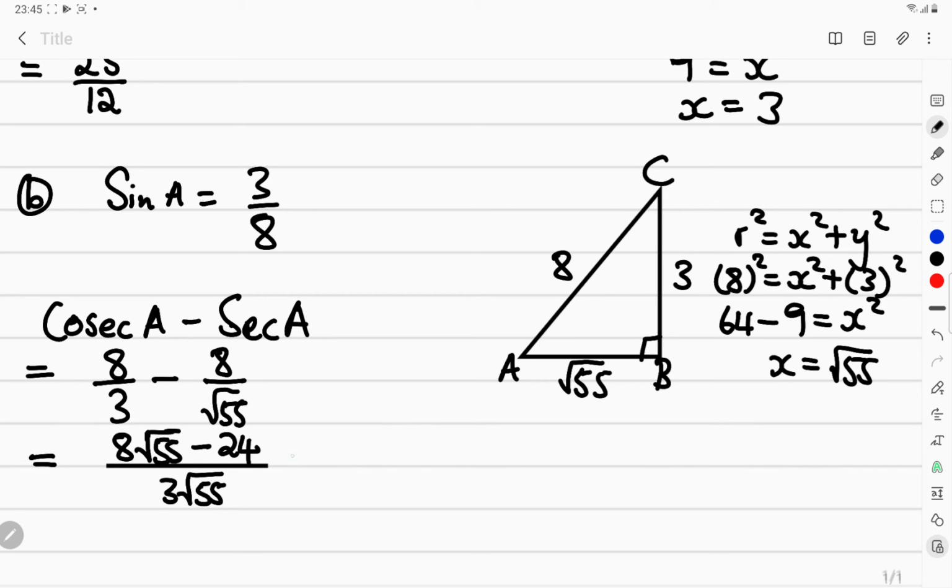Then you can still factor out 8, giving 8 times square root 55 minus 3, over 3 square root 55.